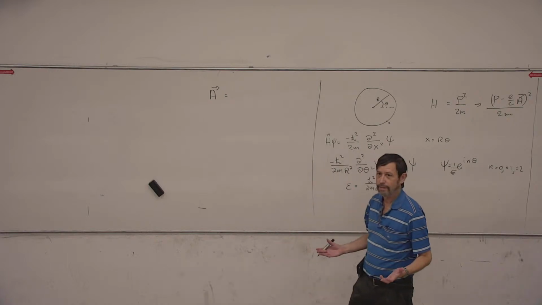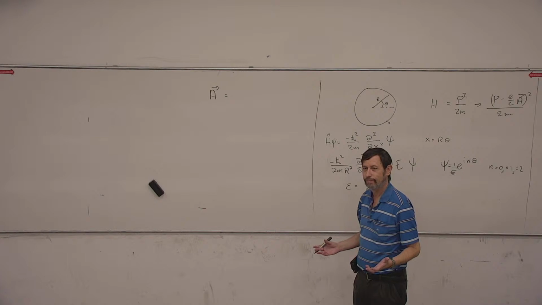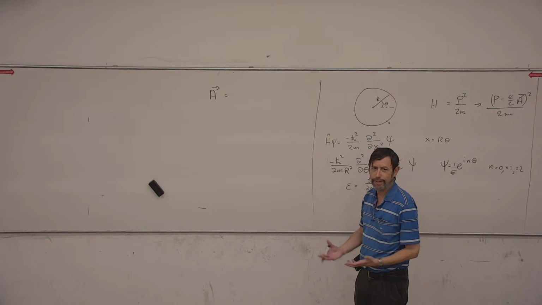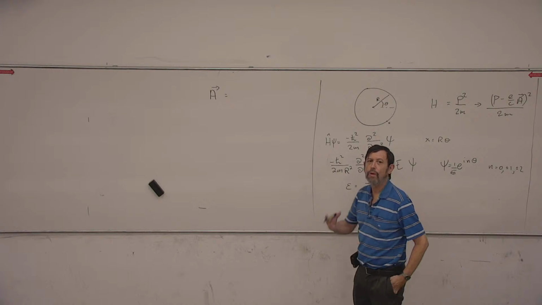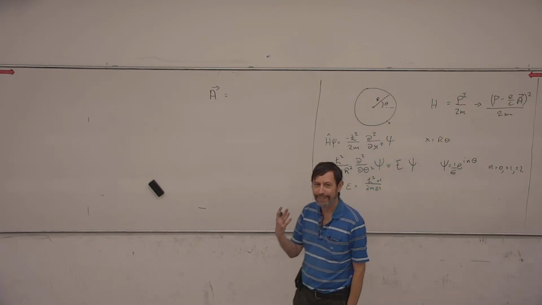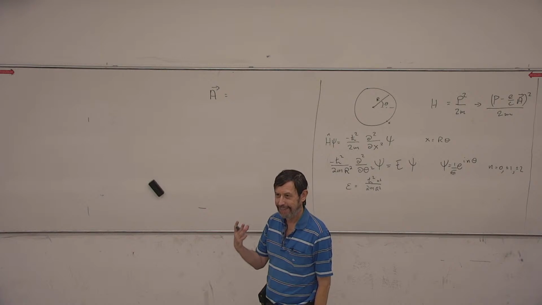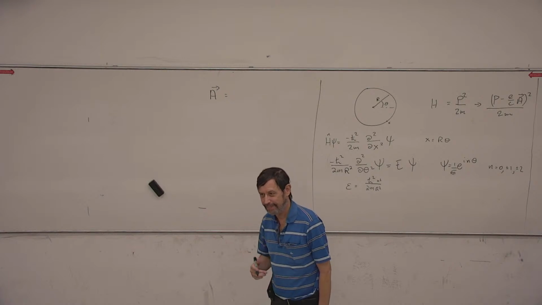Is A just E times t? No, E is the electric field. A could be a gradient, right, because of the gauge. What do we know? That we have no magnetic field at infinity, so its gradient is zero, of a function.